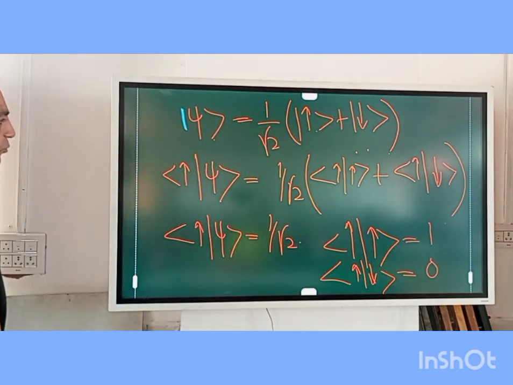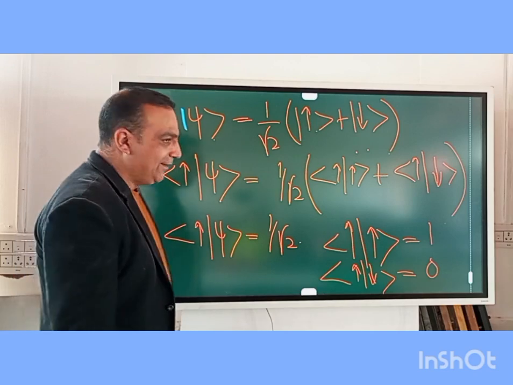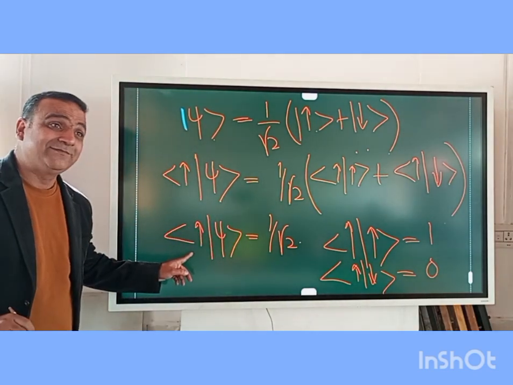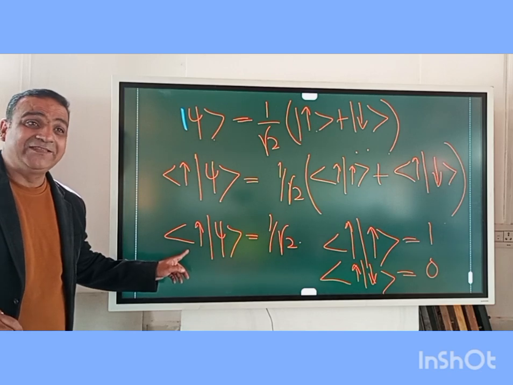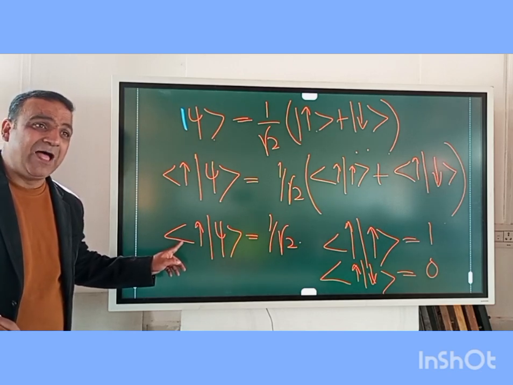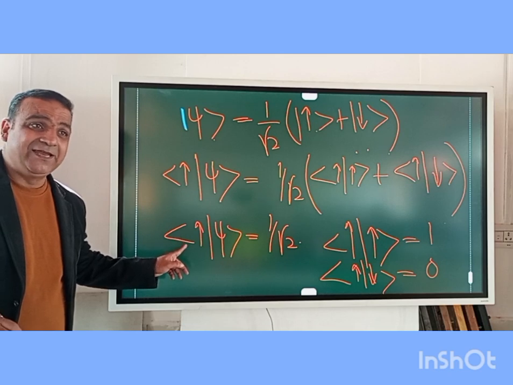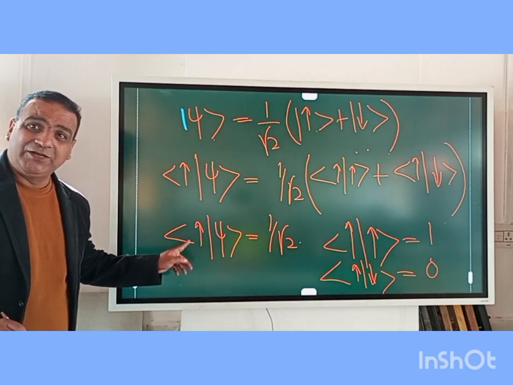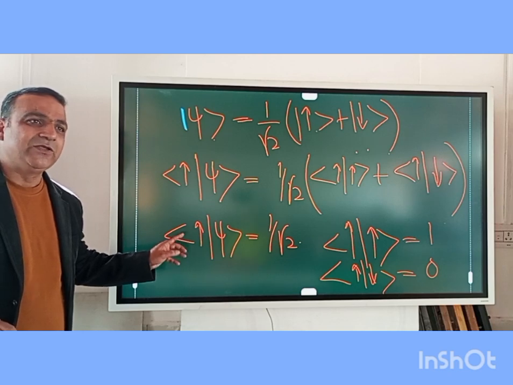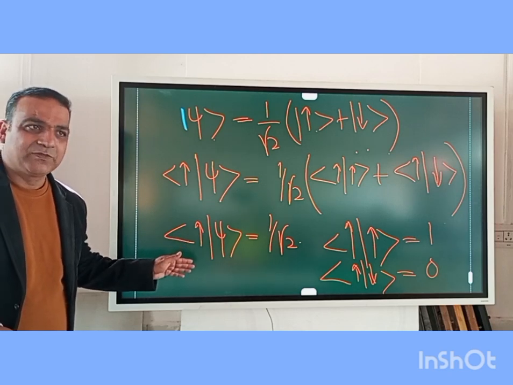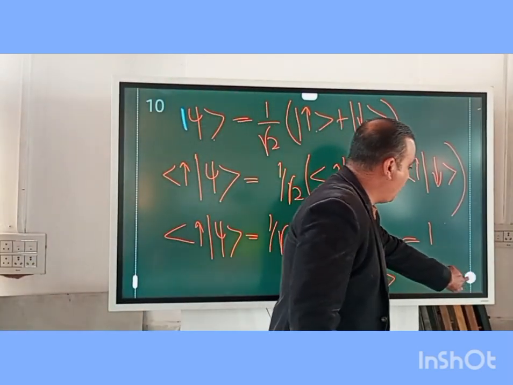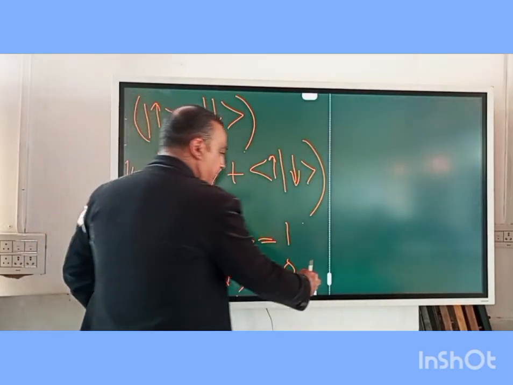Now I can calculate the probability of spin up, the probability that you will have particles with spin up that we observed in the Stern-Gerlach experiment. So we are trying to explain the results of the Stern-Gerlach experiment using quantum theory. Clear? Okay, I can go on to the next page now.